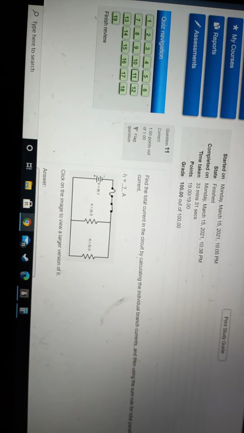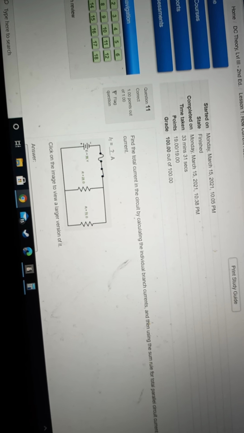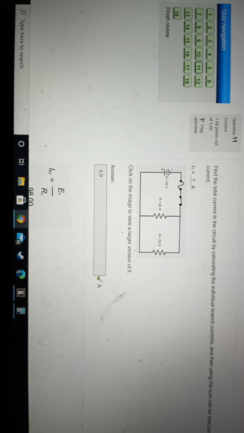Okay, next. Let's see. Find the total current in the circuit by calculating the individual branch currents and then use the sum rule for a parallel circuit to determine the total.